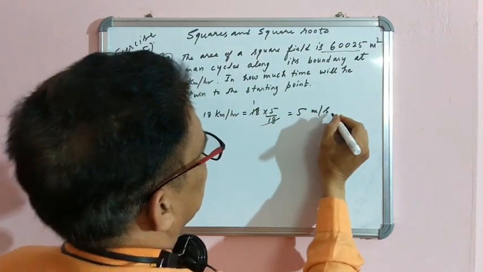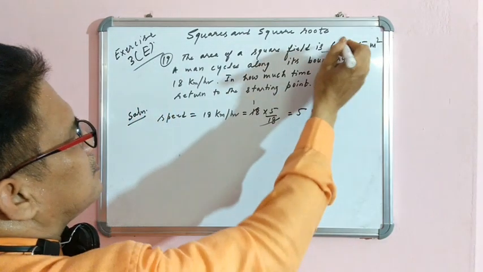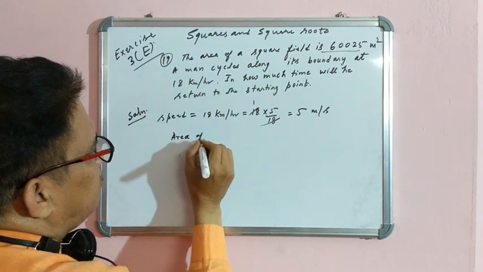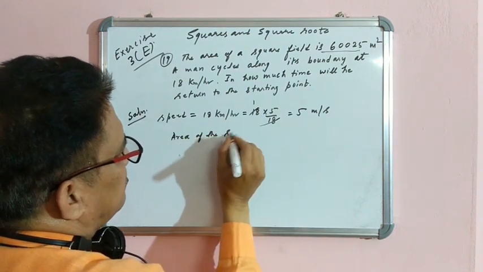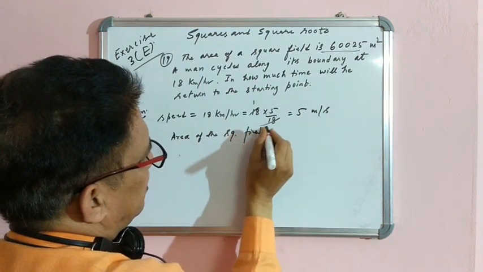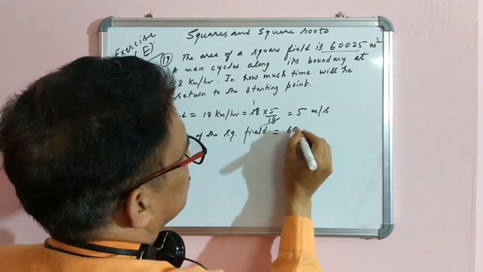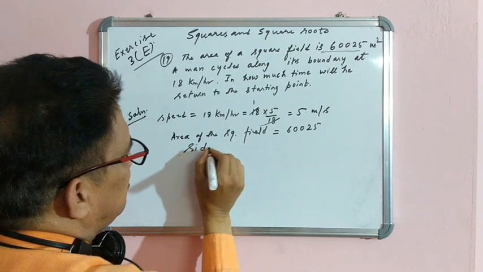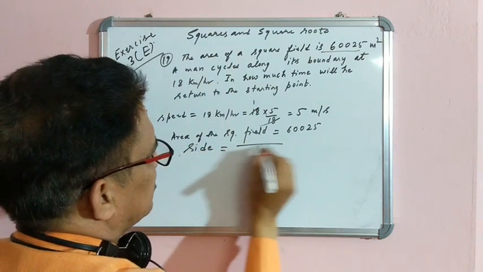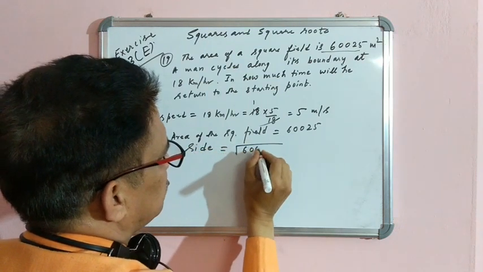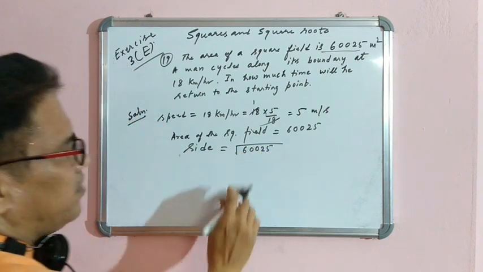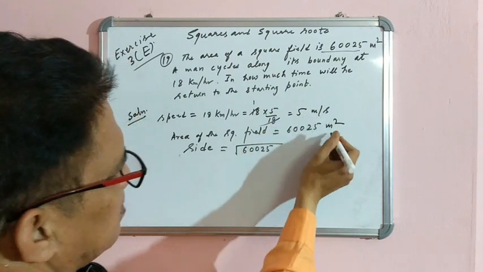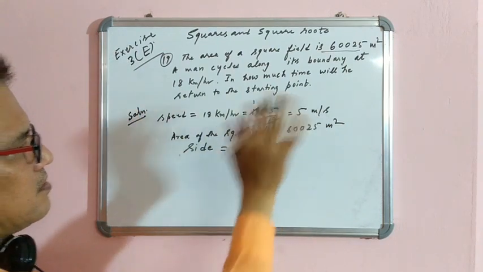Now it is meter per second, and this is the area of the square field, that is given, 60025. So the side of the square is the square root of 60025. This is in meter square and this is meter per second. Now the units are the same.